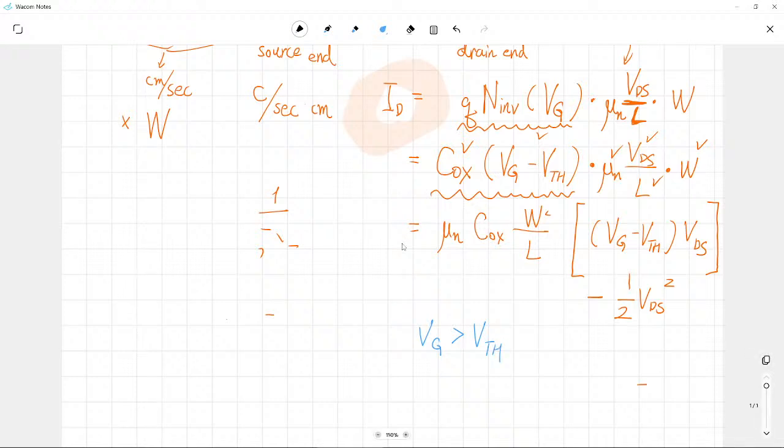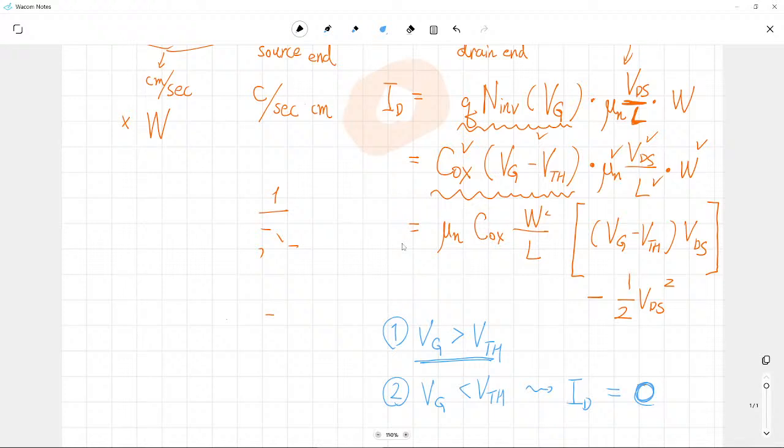Then what happens if your gate voltage is smaller than Vth? Then from our assumption, we can certainly say that drain current should be zero, not exactly zero, but close to zero. So we are assuming that the gate voltage is larger than threshold voltage.